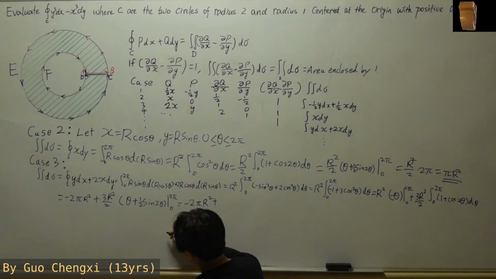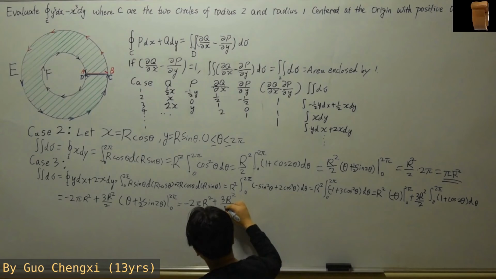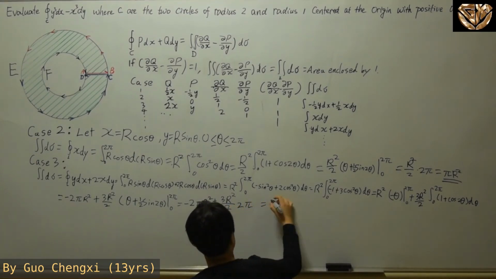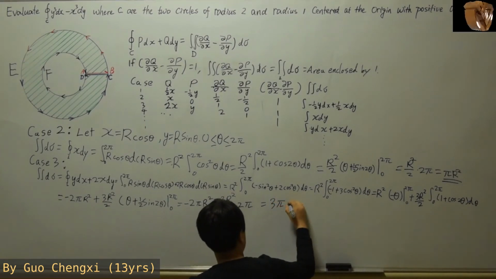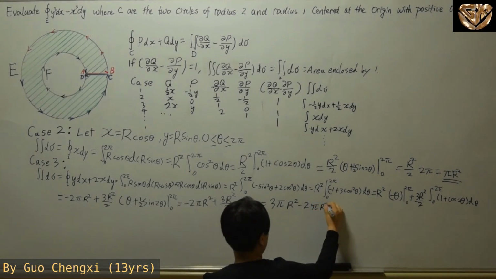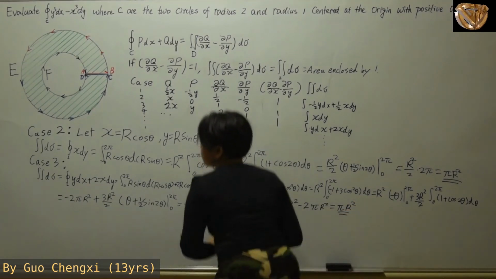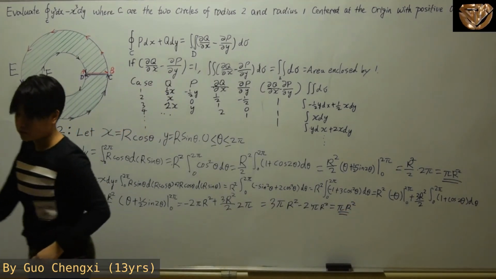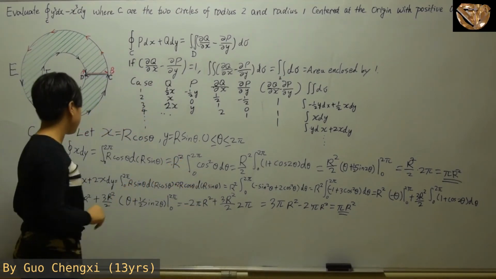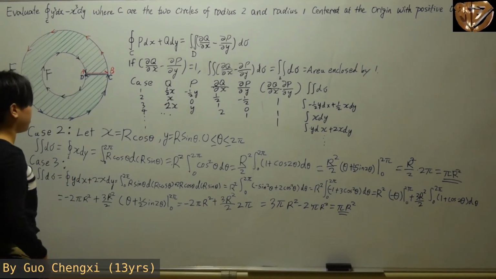Theta is equal to 2 pi, it will be 2 pi, and thus we can simplify it while putting the positive side in front. So it becomes 3 pi r square minus 2 pi r square, which equals pi r square once again. And if you actually draw this out, it probably won't be a circle. But still, it has the same area as that of a circle.